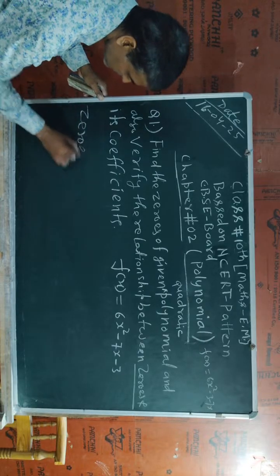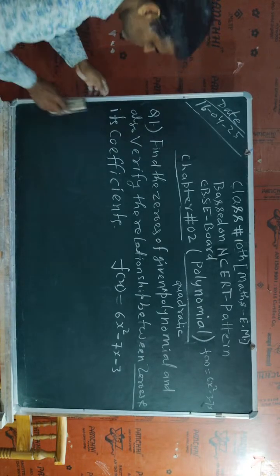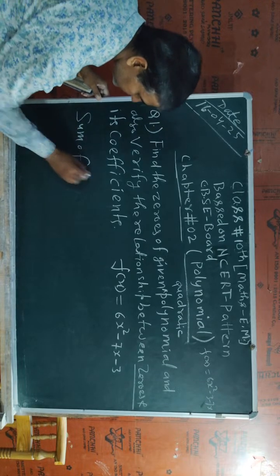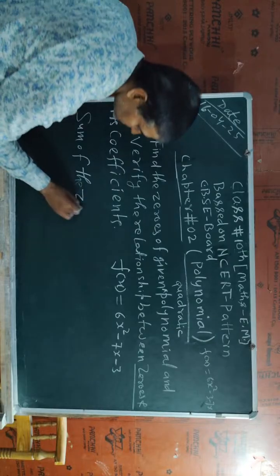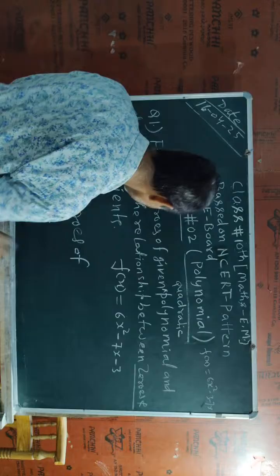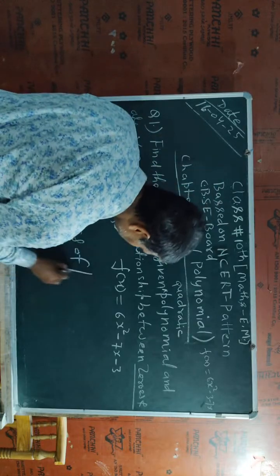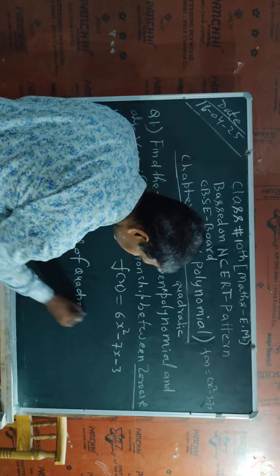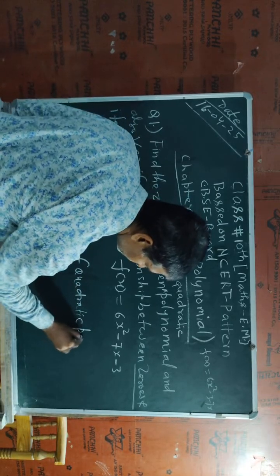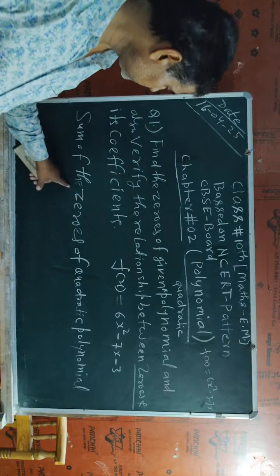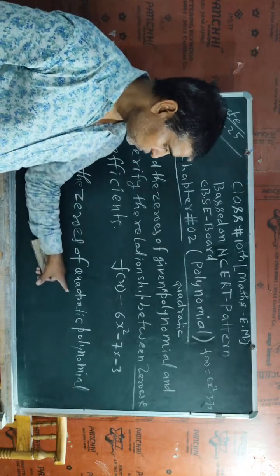Now I am going to find the sum of the zeros of the given quadratic polynomial.